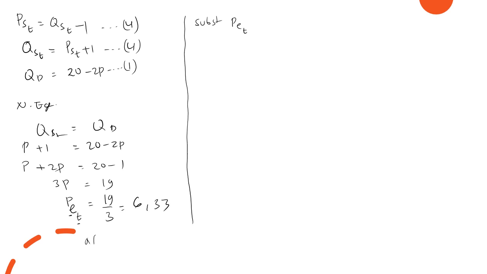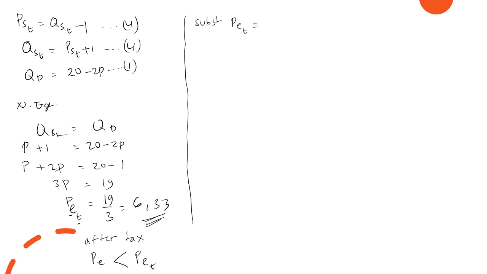After tax, the price is getting higher, right? After tax, the price is 6.33. Before tax, do you still remember? Yes, it is 5.33. So that makes sense. The result here makes sense: PE before tax should be lower than PE after tax.